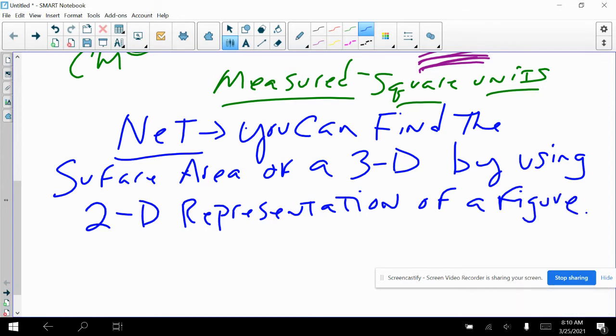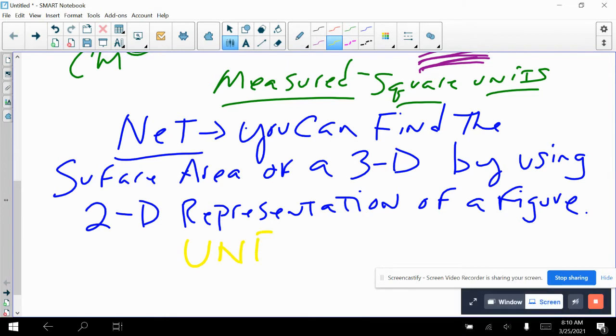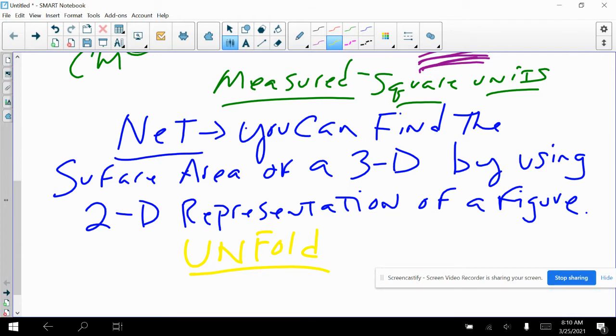Now, that's a big definition. I don't know if that's confusing or not. But the word here that I would like to associate with net is unfold. I have some examples here for you to see, and you'll see what this means. It's really not as difficult as that definition sounds.